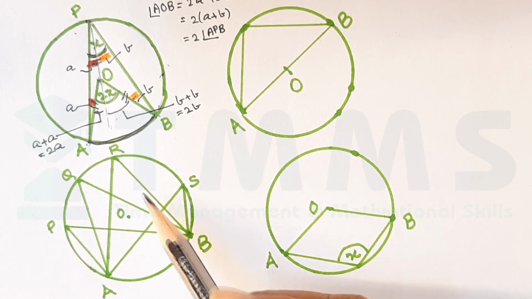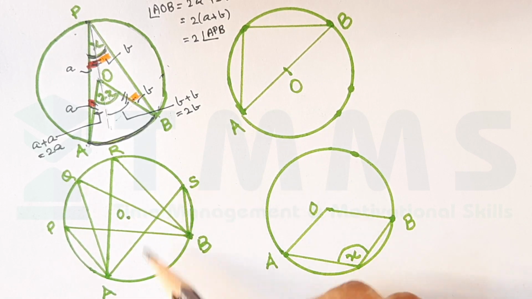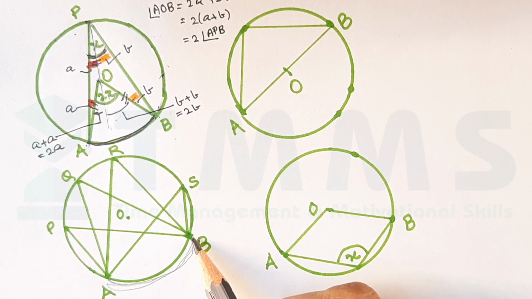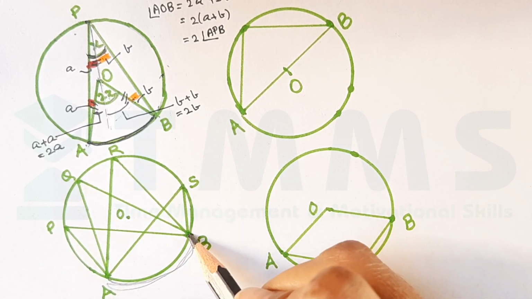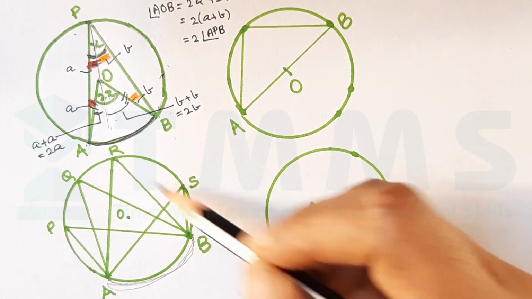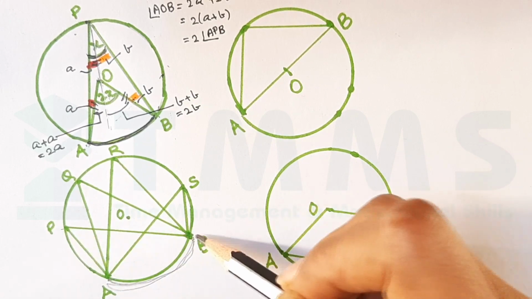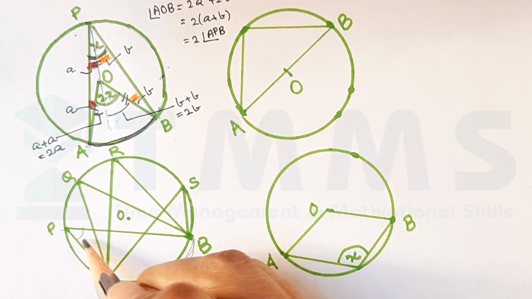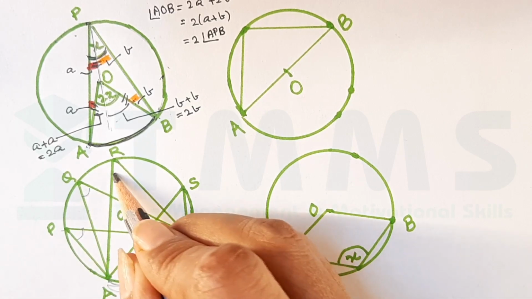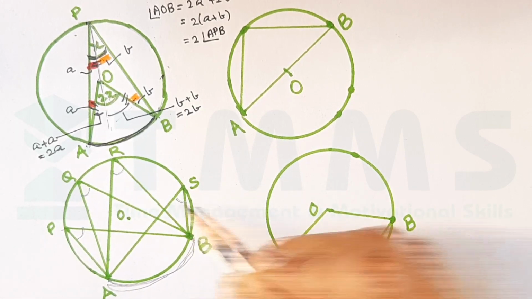Let us look at our second theorem diagram. Now you will see that here AB is the arc and the two endpoints of arc AB are subtending these angles. Can you see that? So we have this angle, this angle, this angle and this angle.